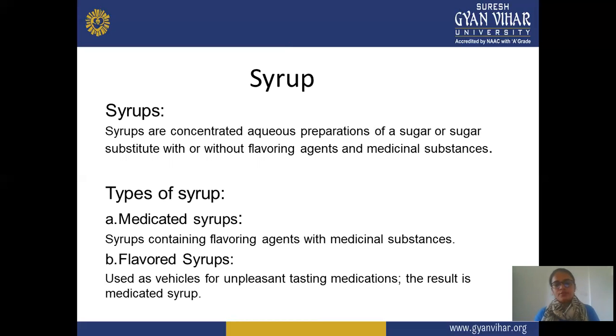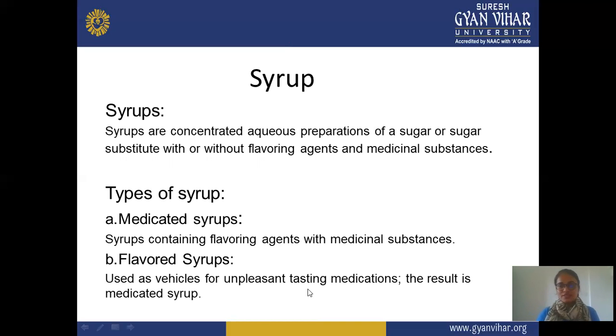In medicated syrup, the syrup contains flavoring agent with medicinal substance. Means in this medicated syrup, your syrup contains API as well as flavoring agent and sweetening agent, and it mainly contains medicinal substance used for a certain problem or therapeutic effect.